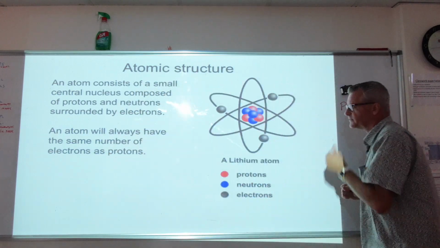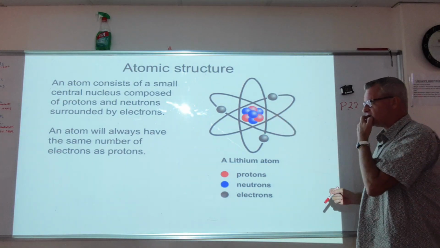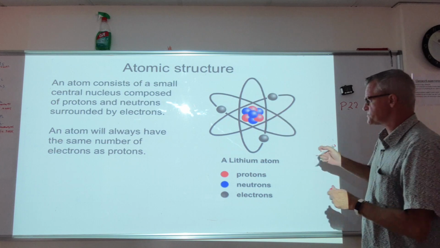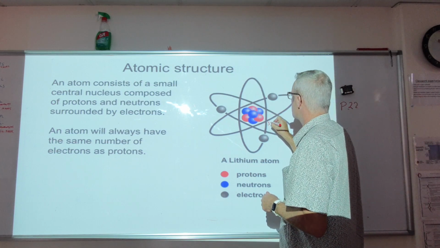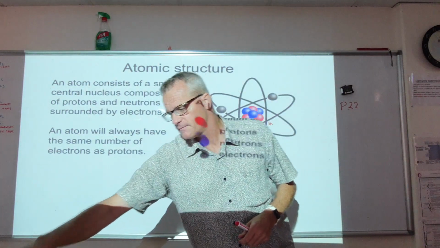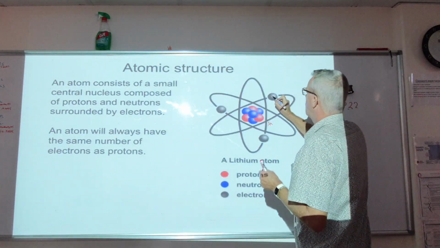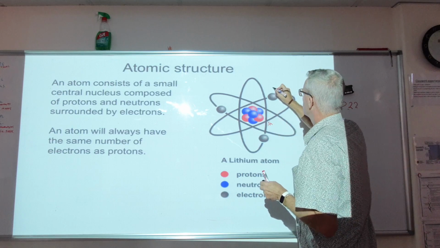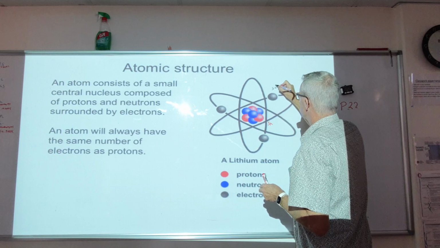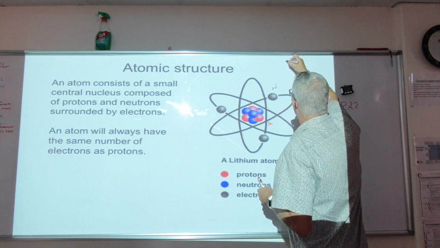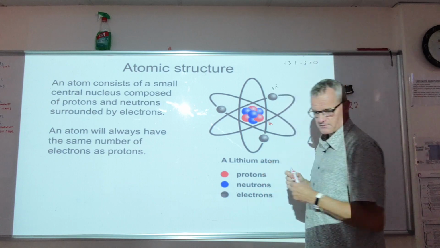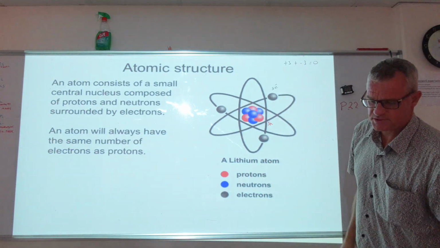So, for example, in this case, we have 1, 2, 3 protons. That would make 3 plus. Because it is neutral, we need to have 1, 2, 3 electrons. These are positive and these are negative. Plus 3 plus minus 3 is 0. So the atom is 0.